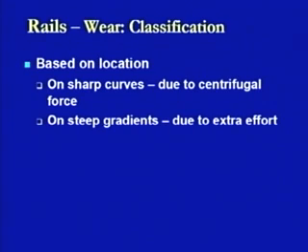Now, on these steep gradients, whether we are going up or coming down, some extra effort is required. When we are going up, the extra effort is required in terms of pulling, whereas when we are coming down, the extra effort is required in terms of stopping. So, in both cases, when we provide this extra effort, the force will be acting at the top surface of the rail head.